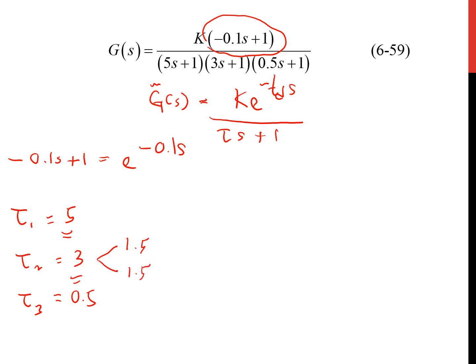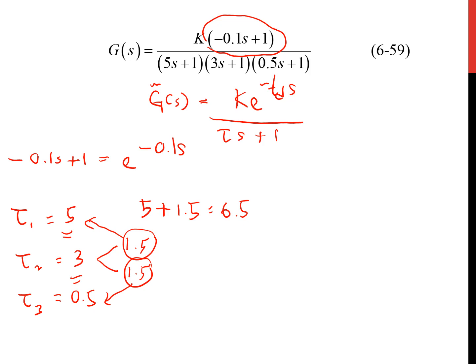What are we going to do with these halves? The first half you add with the largest time constant, so 5 plus 1.5 becomes 6.5, and the other half you add with the remaining, not used, time constant.